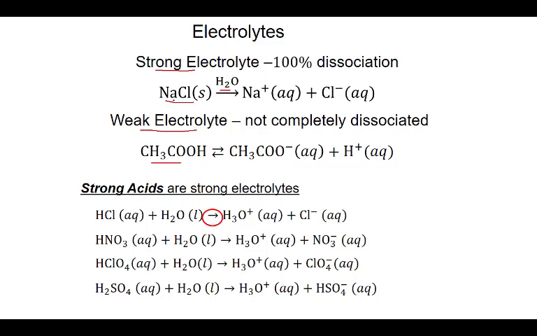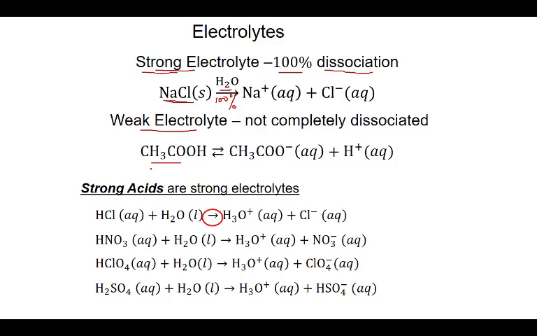Some chemicals, when you dissolve them in water, dissociate 100% into ions, cations and anions. This formation of cations and anions is called dissociation into positive and negative ions. If it is 100%, there will be more ions, the current will pass easily, and it is called a strong electrolyte.